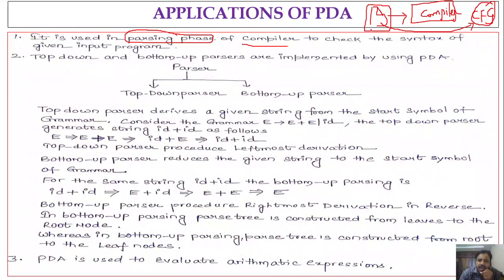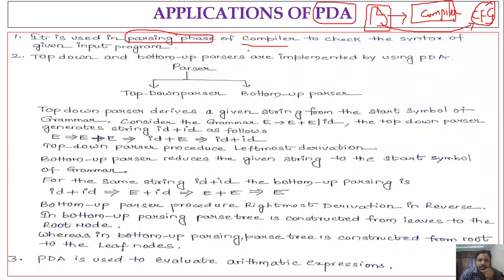Okay, and if this program is not syntactically valid, the compiler is going to flash error messages to the user for correction, right? So this is how compilation is done with respect to syntax analysis. So what I mean to say is that pushdown automata is used for syntax checking, okay, in the parsing phase of the compiler.